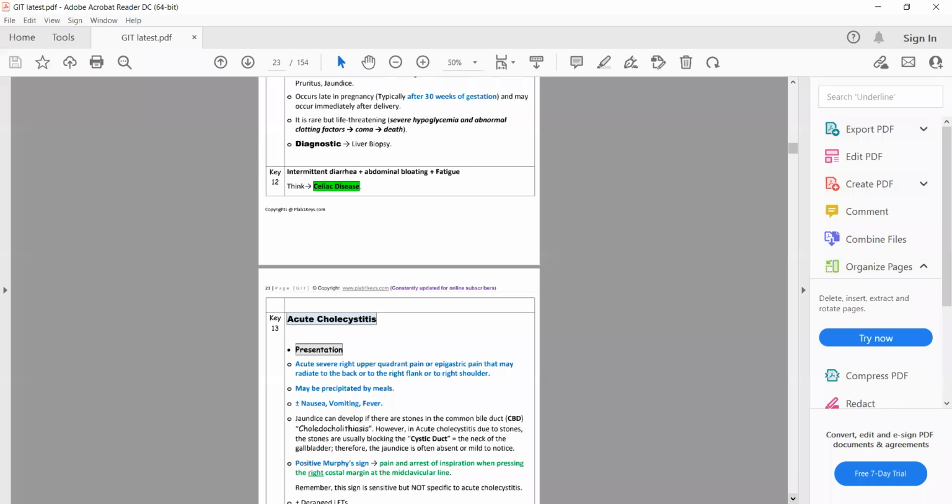This is positive Murphy's sign. So the features which point towards acute cholecystitis are pain in the right upper quadrant, fever plus positive Murphy's sign, and also there can be nausea and vomiting as well.